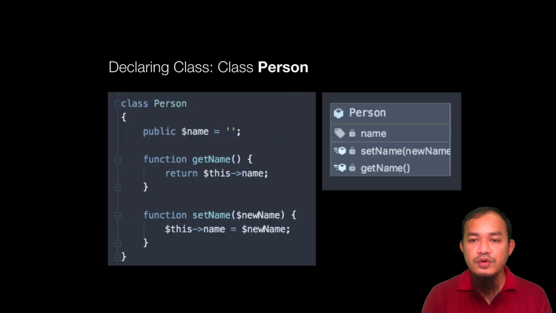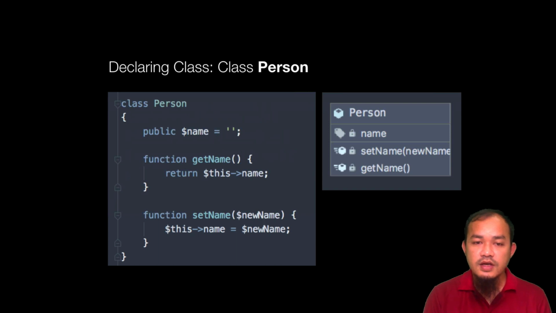Let's say we want to declare a class named Person. This is what it will look like: class Person, with a public $name, and then two functions, getName and setName. The class Person is the class name, $name is a property, and getName and setName are the methods of the class.